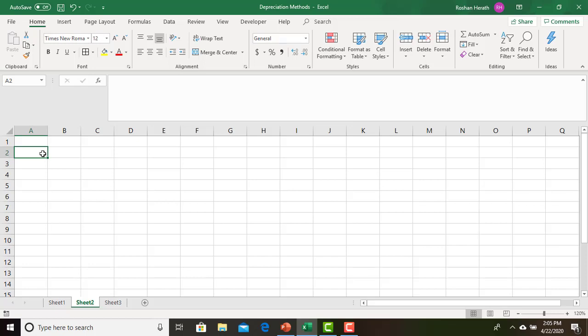As usual, first you have the cost information. Then you may have the salvage and the useful life.